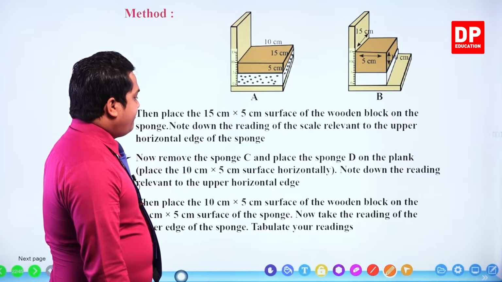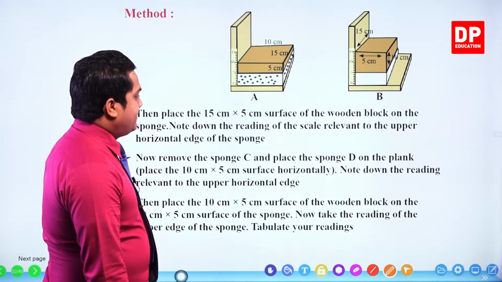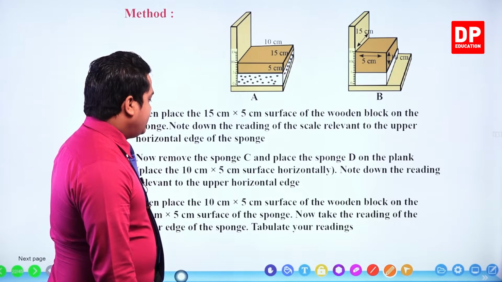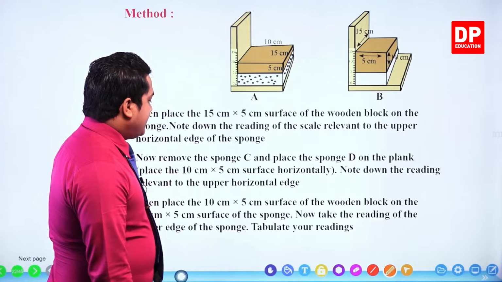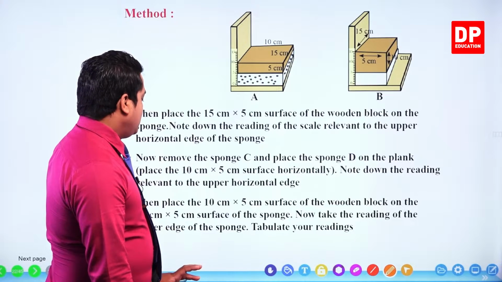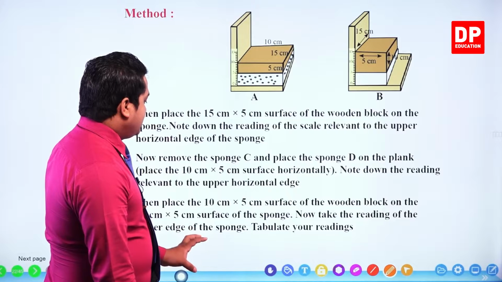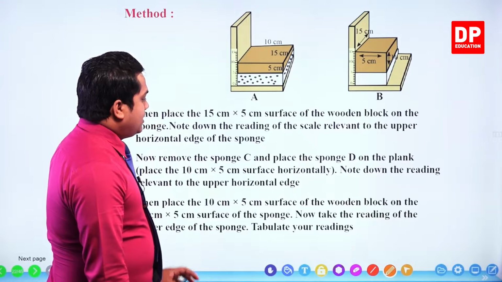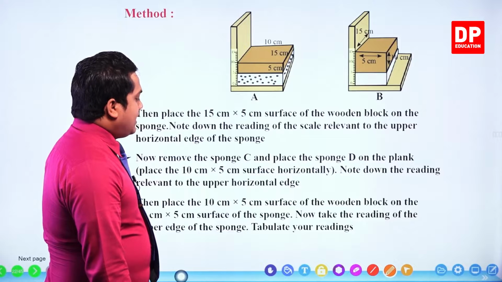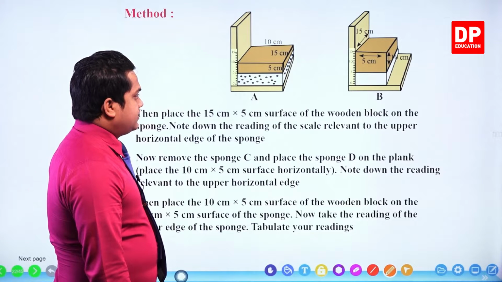Place the 10 by 5 surface horizontally. Note down the reading relevant to the upper horizontal edge. Then place the 10 by 5 surface of the wooden block on the 10 by 5 surface of the sponge. Now take the reading of the upper edge of the sponge and tabulate your readings.